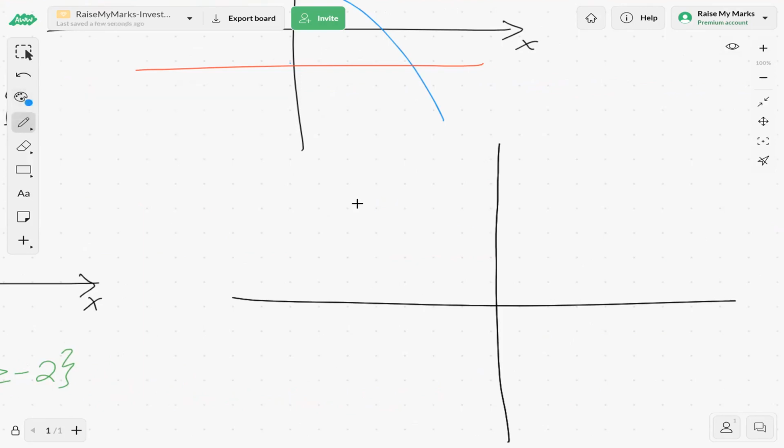So again, what was our function? Do you remember? y equals (x plus 2) squared minus 3. So our vertex is at (-2, -3). Our axis is the line x equals -2.